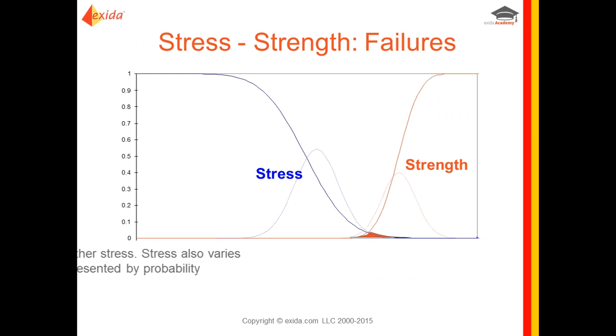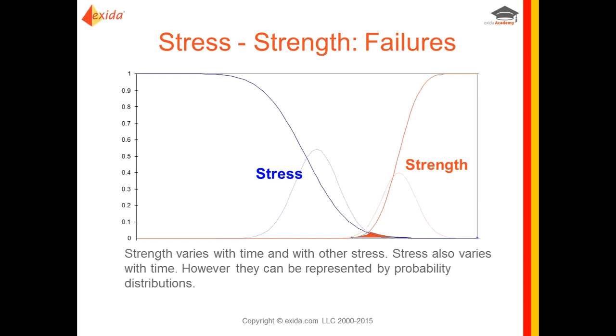And when a system is stressed, you have to find where it's going to fall on the strength. So this is where this chart comes in. Stresses and strengths vary. They both vary with time. So strength also varies between units manufactured.